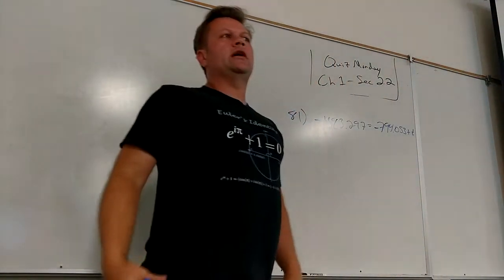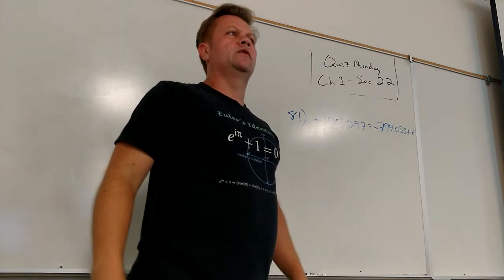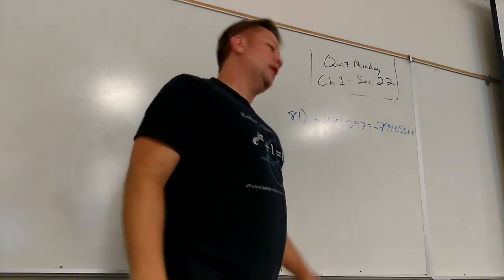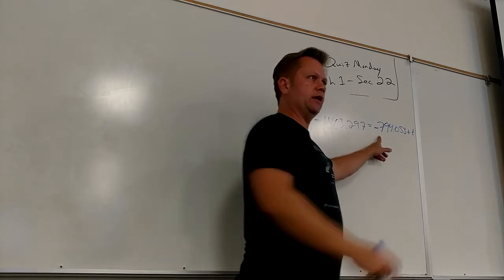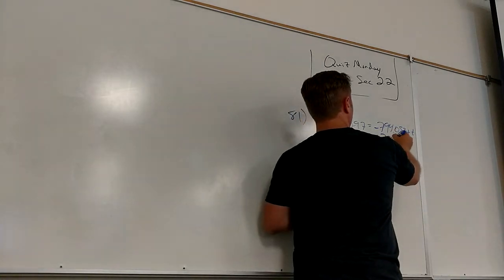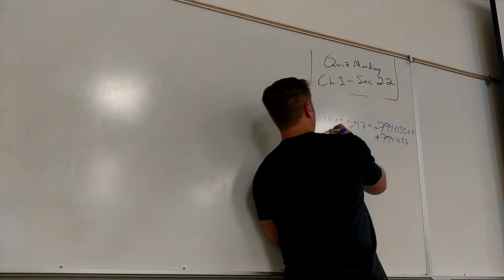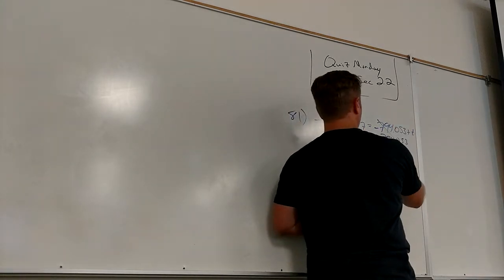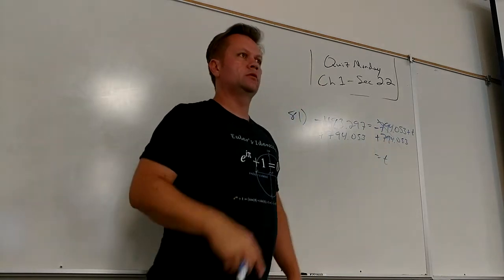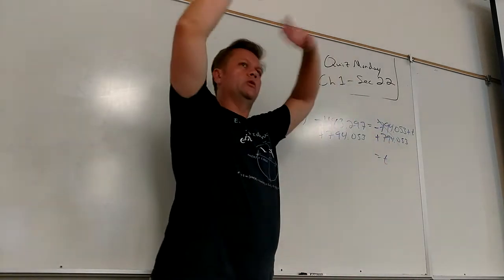So what's the one thing I have to do to get t by itself? Yeah, add. This is negative this, so I do the opposite of it. I add 794.053 to both sides. And they're being nice. They're saying go ahead and use a calculator to do this. You don't have to do all that borrowing by hand.